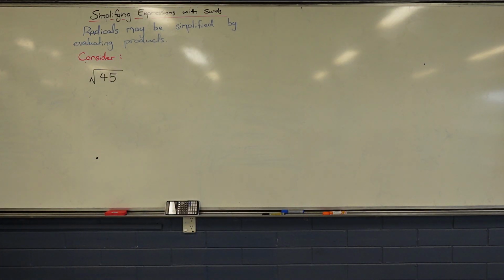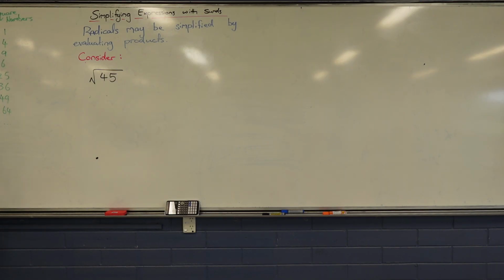Our square numbers are 1, 4, 9, 16, 25, 36, 49, 64, 81, and so on.